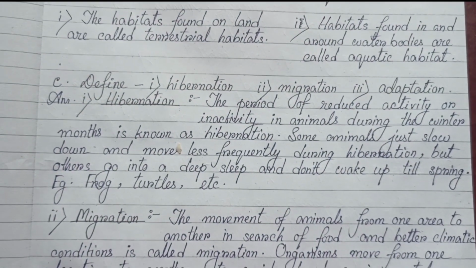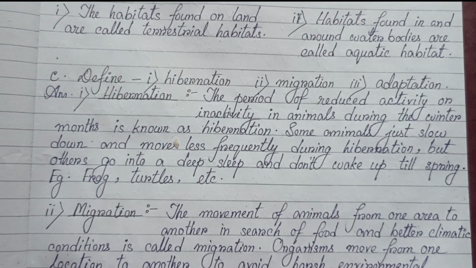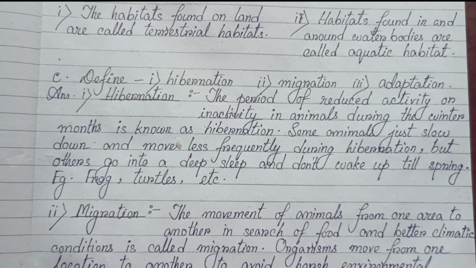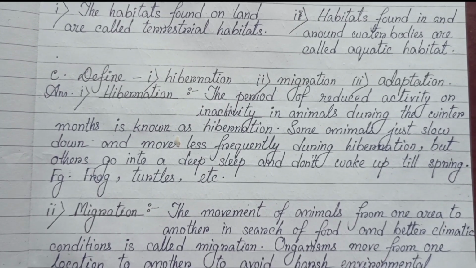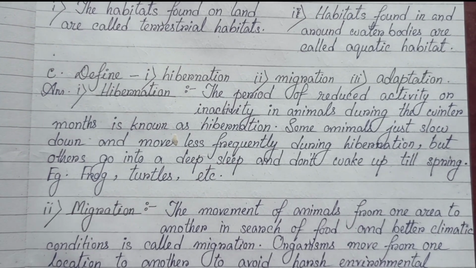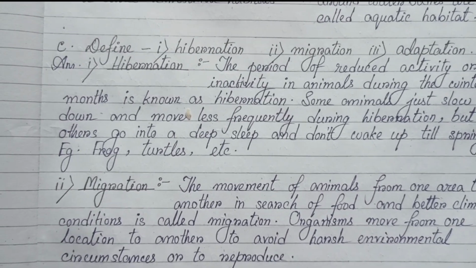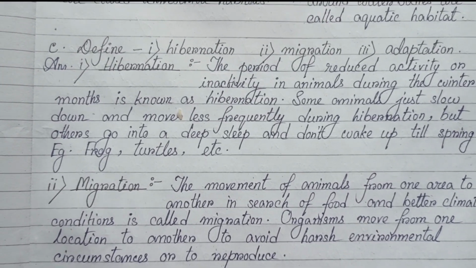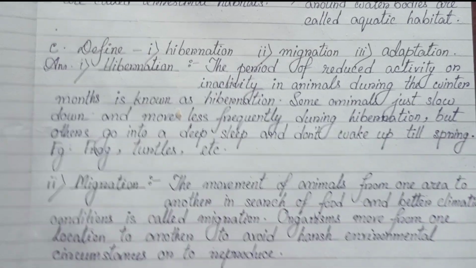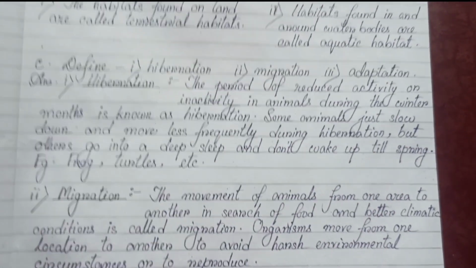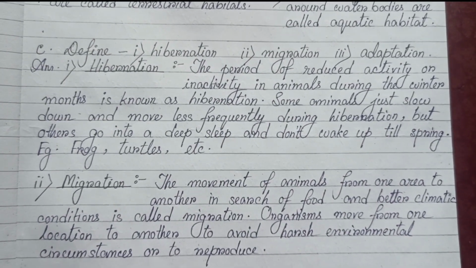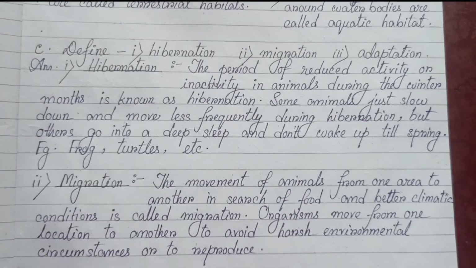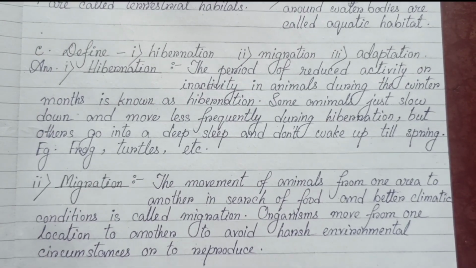Okay, number C, define hibernation, migration, adaptation. Hibernation, the period of reduced activity or inactivity in animals during the winter months, is known as hibernation. Some animals just slow down and move less frequently during hibernation, but others go into a deep sleep and don't wake up till spring.